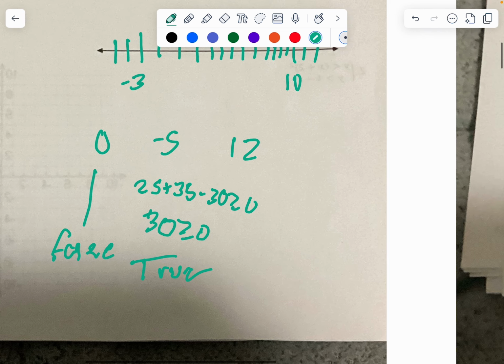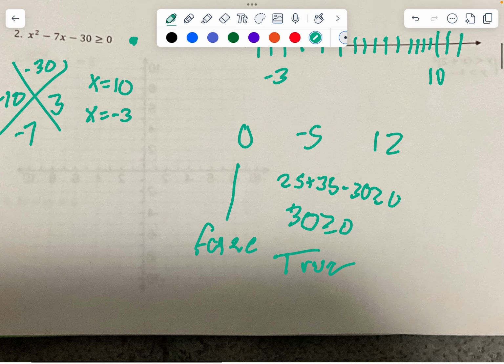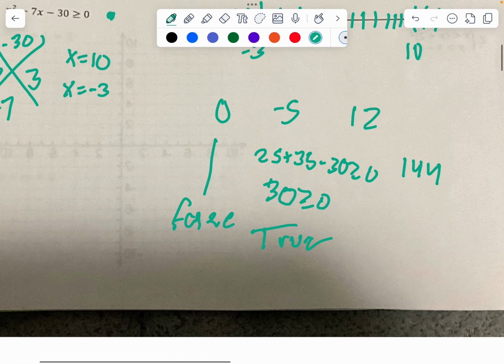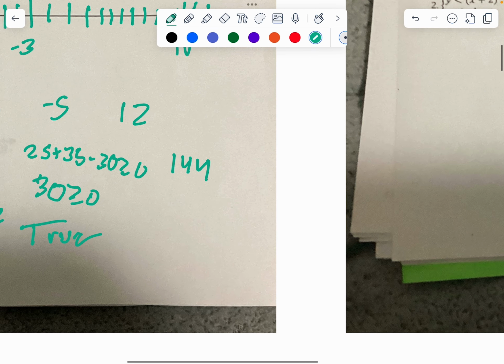Next one is 12 squared, which is 144, minus 7 times 12, which is 84, minus 30 greater or equal to 0.